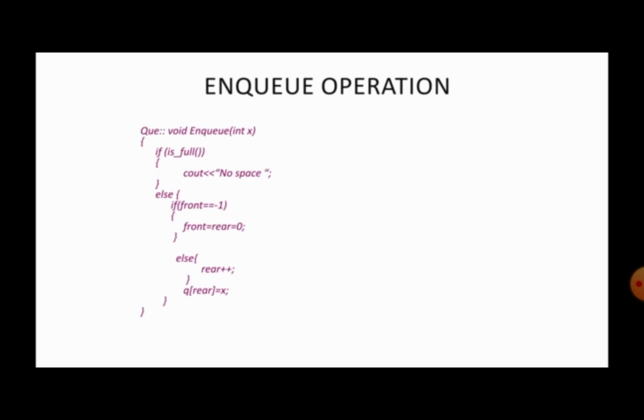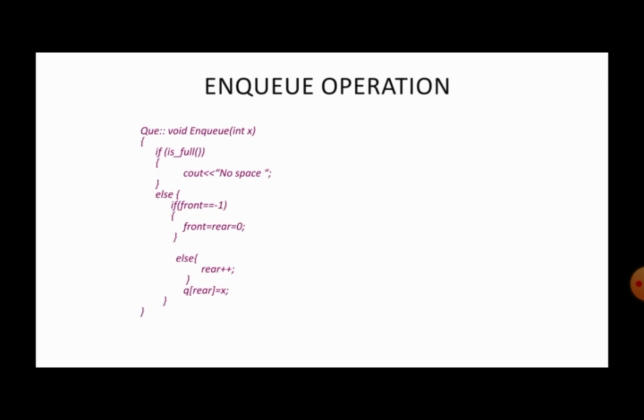Assume the queue is not full, you call the enqueue operation, and first of all, if the isFull method returns false, then you move to the else part, where the first check is if front is equal to -1. Assume that there is a value in the queue. So the if condition will be false, which means there are elements in the queue.